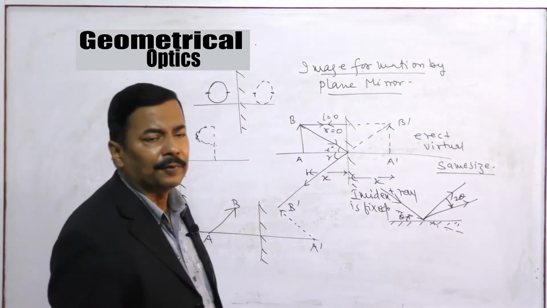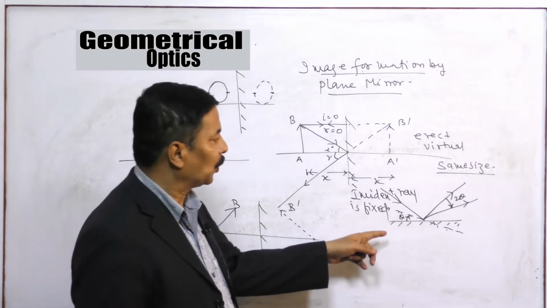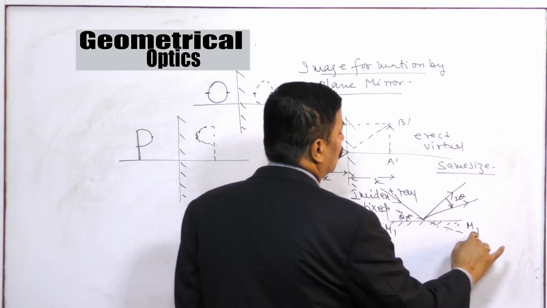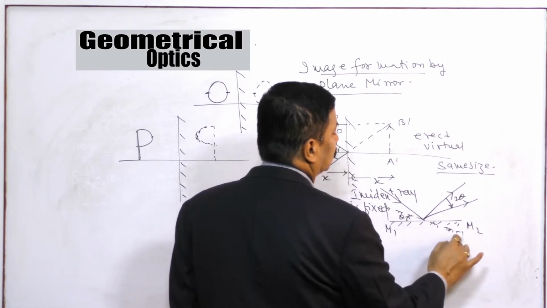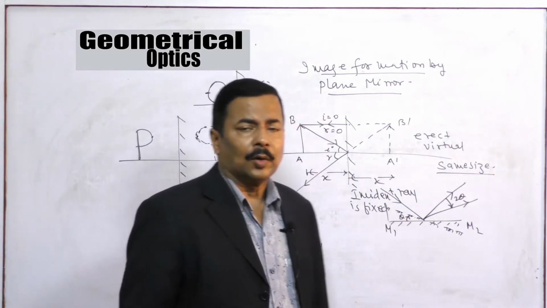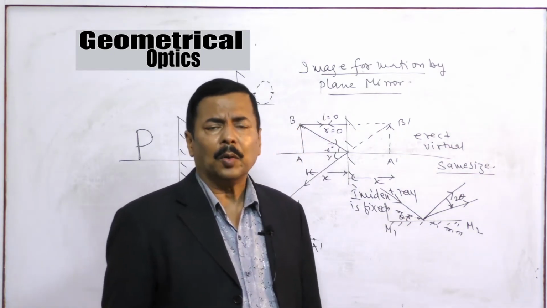We are not disturbing the incident ray, only we are disturbing the mirror. Mirror M1, M2 is rotated. So these points you should keep in mind.